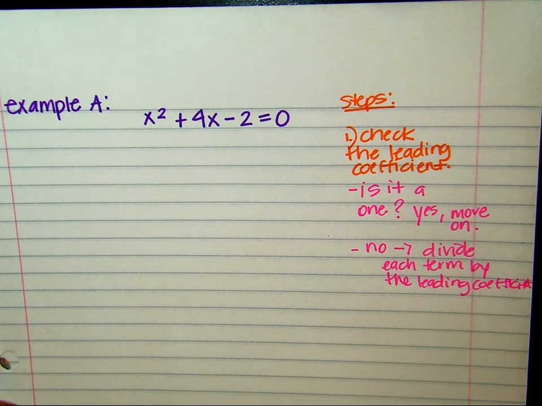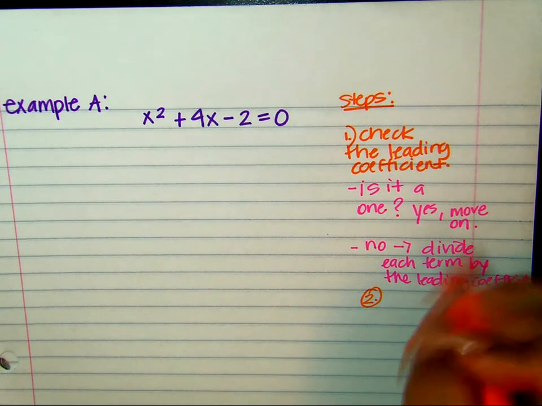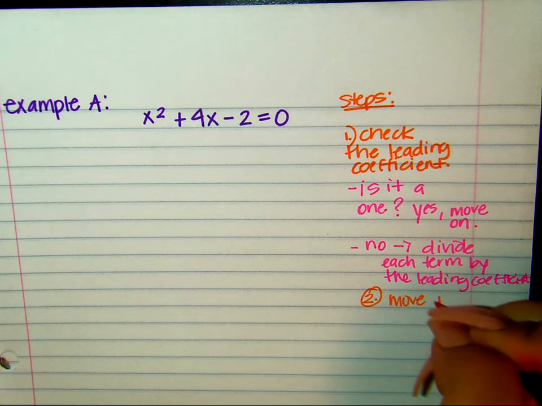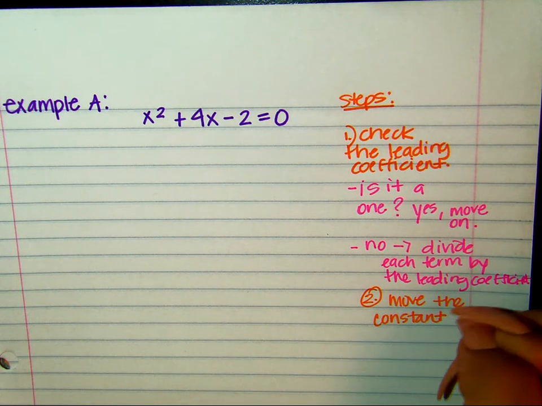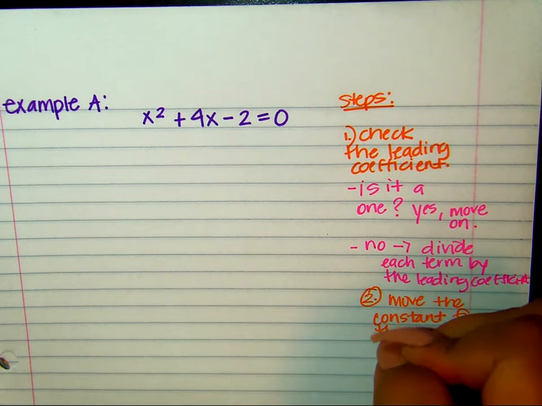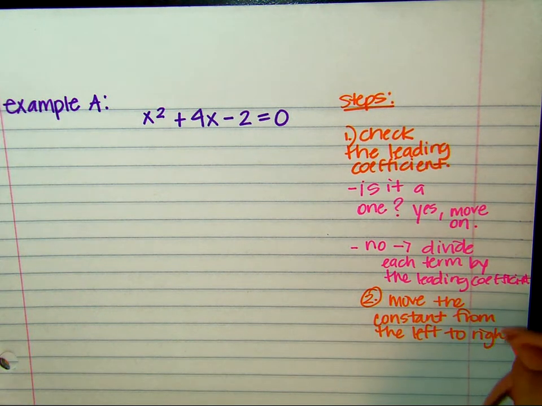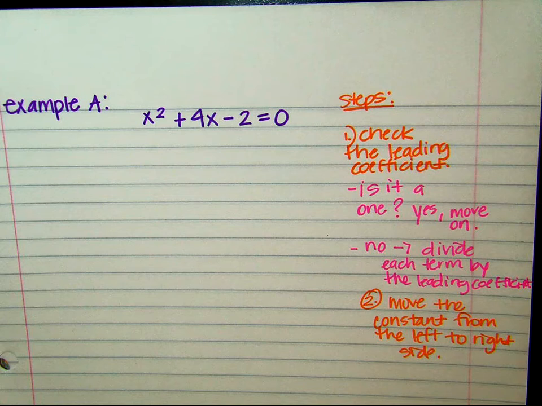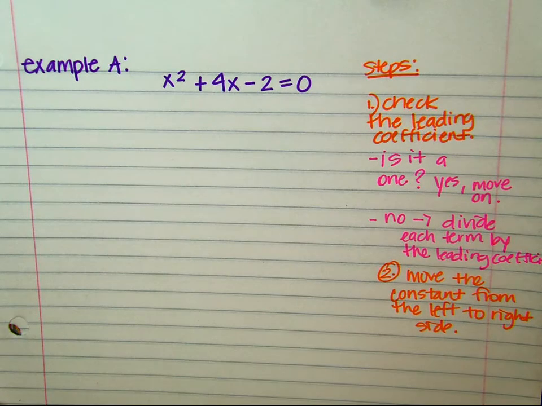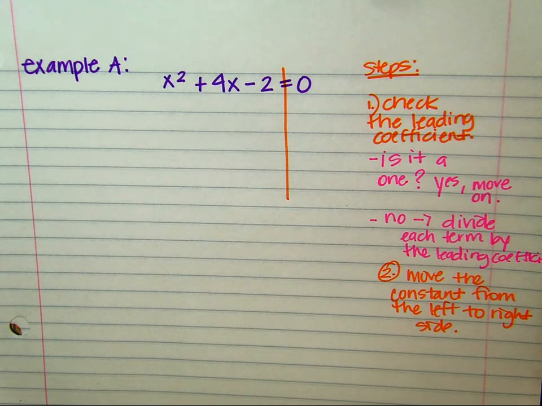Alright? So now the second step is to move the constant from the left side to the right side. And when I'm saying left or right side, I'm literally meaning the left side or the right side of the equal sign. So let's go ahead and draw our river. I want to move the constant. We have to identify what the constant here is now.